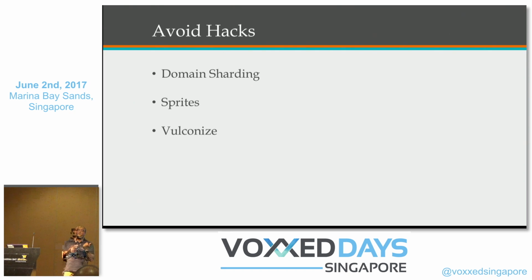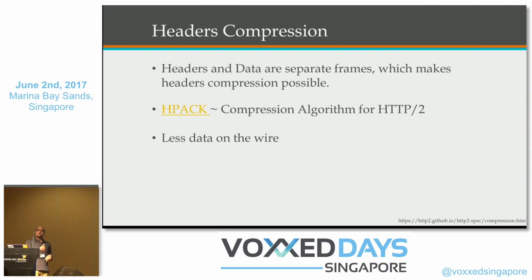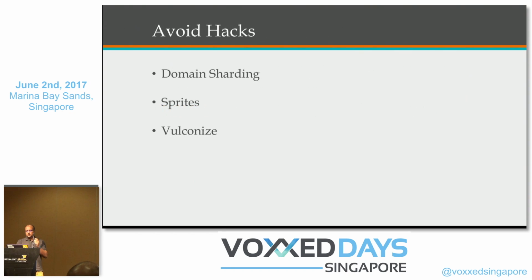And second, you tend to send more information to the client than the client probably needs, like all the images that the client doesn't need at that point of time. So with the features of HTTP 2, we need to reevaluate whether we need these things.